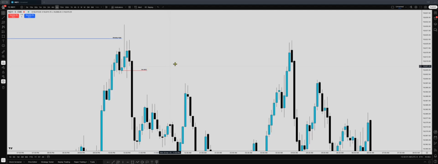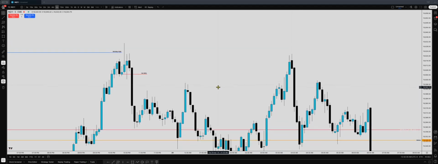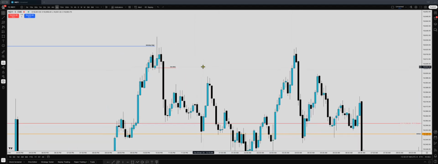It does displace lower. And again, we just sit here and wait, and as you can see, it does come back into it right here, right?